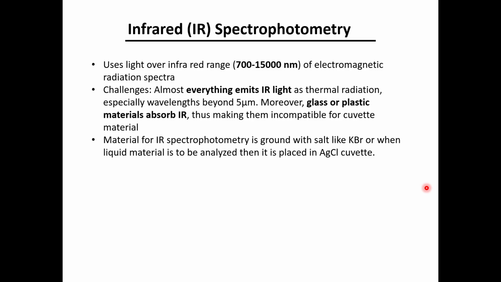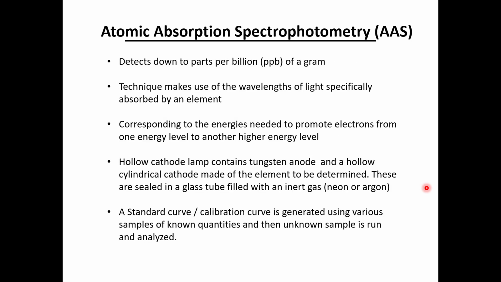Moreover, glass or plastic materials absorb IR, making them incompatible as cuvette material. So what to do? A material for IR spectrophotometry is good with salts like potassium bromide, or when a liquid material is to be analyzed, it is placed in a silver chloride cuvette.